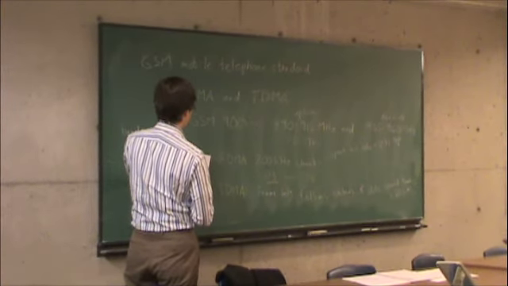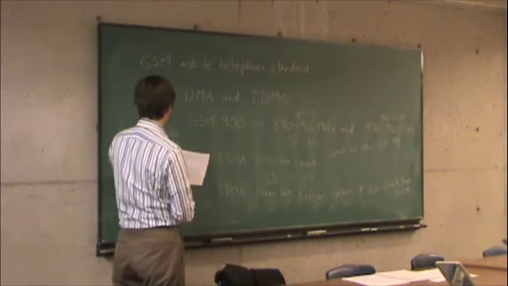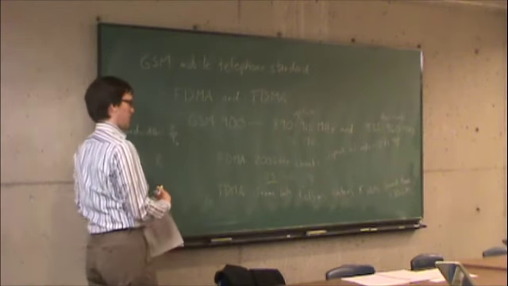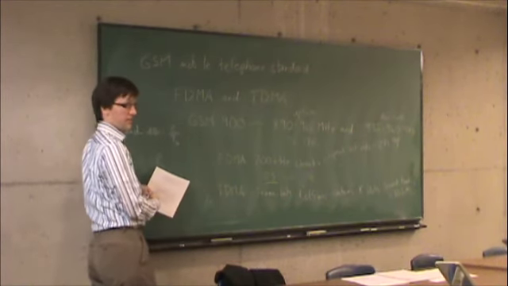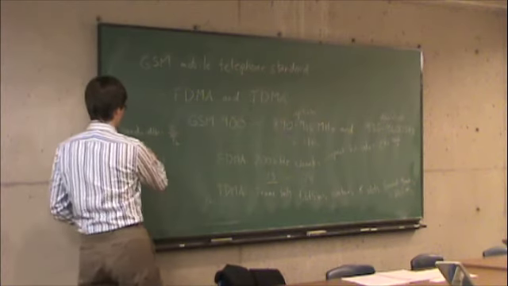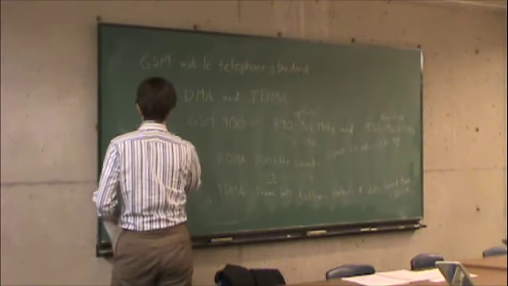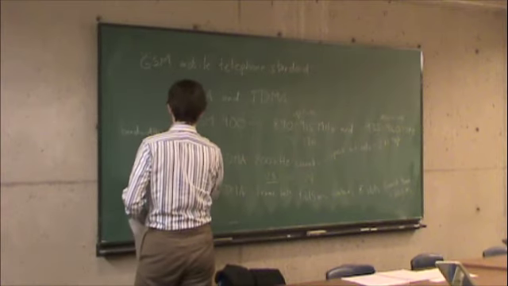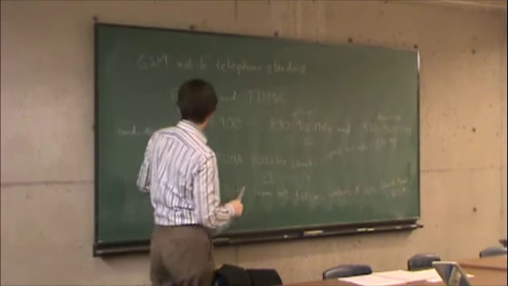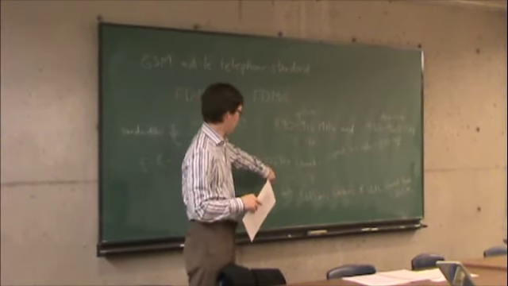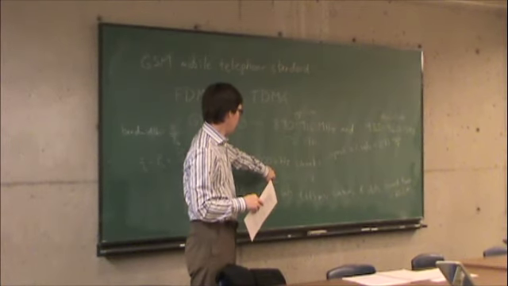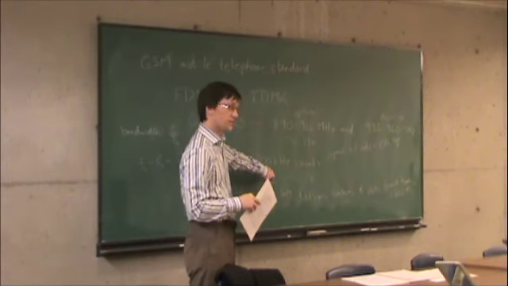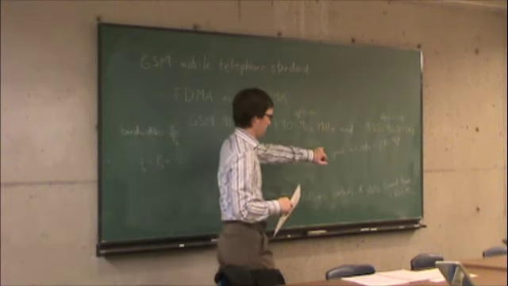If every microsecond I transmit a bit, 1 over that is my bit rate. 1 over 1 microsecond would be 10 to the 6th bits per second. So I'm basically saying that my bit rate is equal to bandwidth over 2. Under that analysis, the bit rate is 200 over 2, which is about 100 kilobits per second.